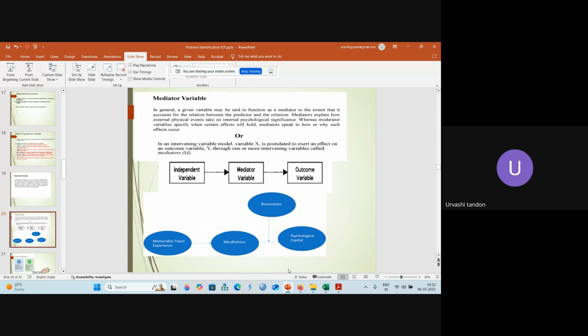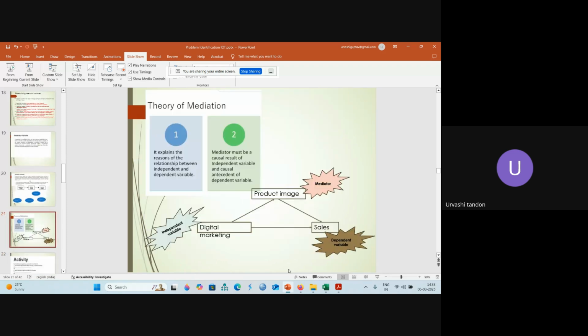See here, if we say memorable tourism experience leads to mindfulness and restoration, that is your moderating variable. A moderating variable is generally shown by a slanting arrow, whereas the center one is the mediating variable. Here, the independent variable, the mediator variable in the center, and the outcome variable is the dependent variable.